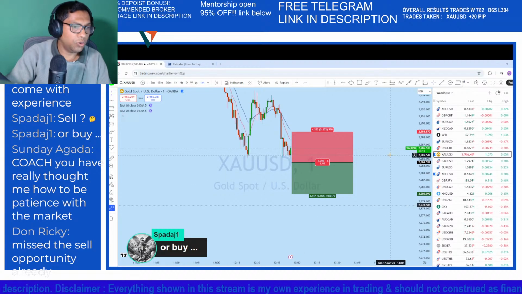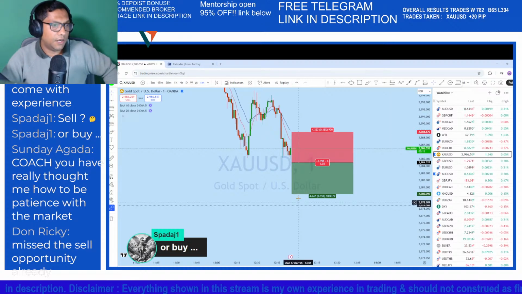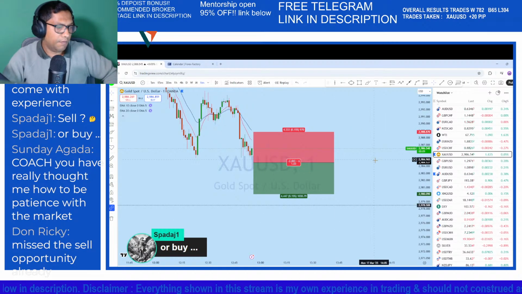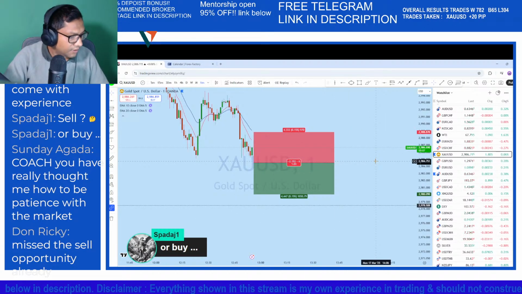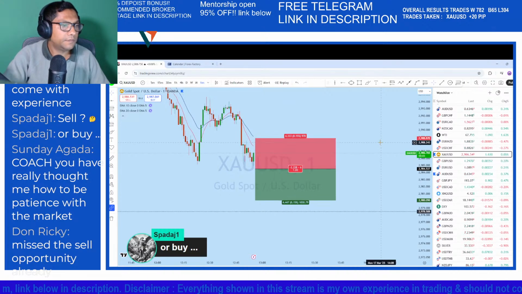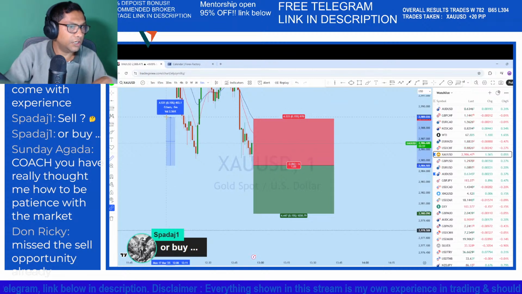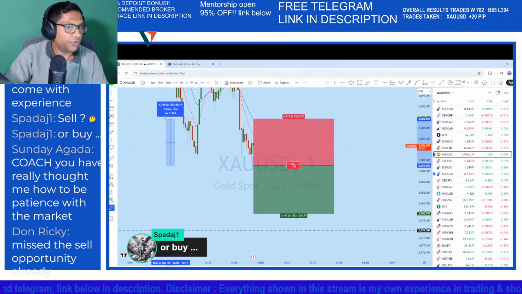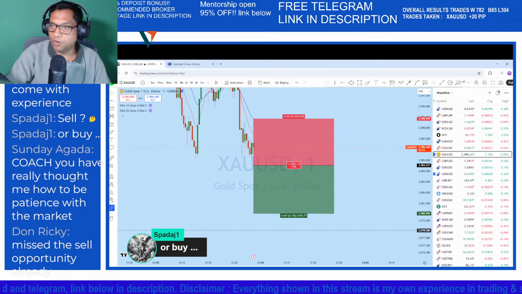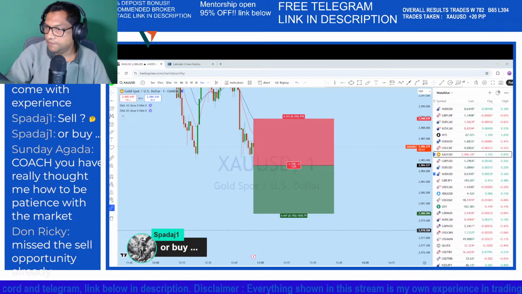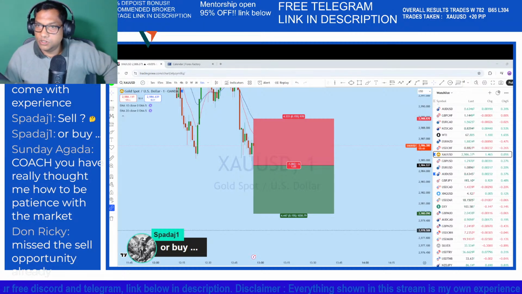So if it breaks below, we will be entering into the trade, and in that case expecting it to come back to the daily support level here. We have in this trade almost a 44 pips stop loss. If it breaks below, you will be entering into the trade. This is a sell stop on this instrument.